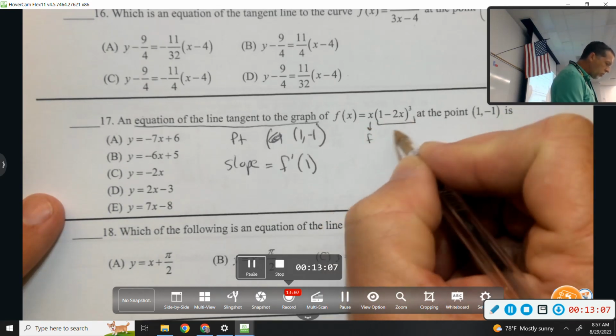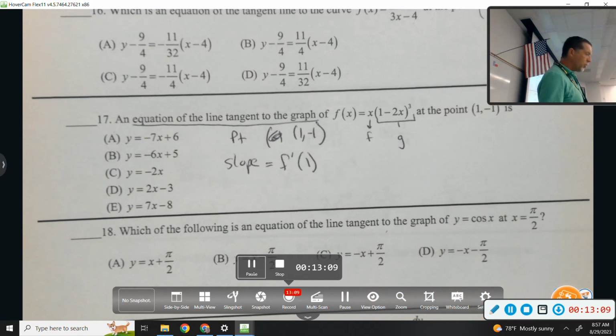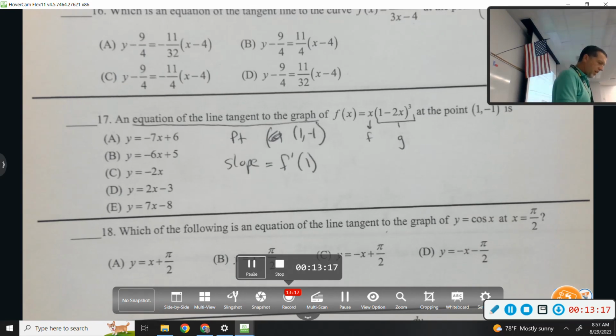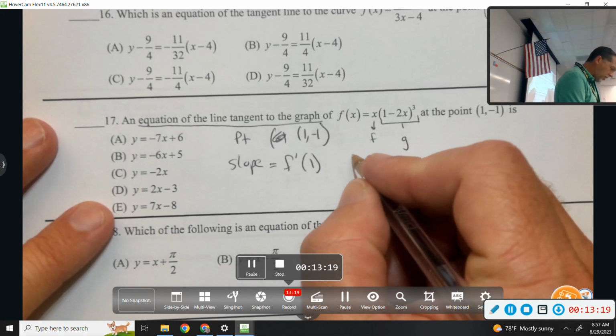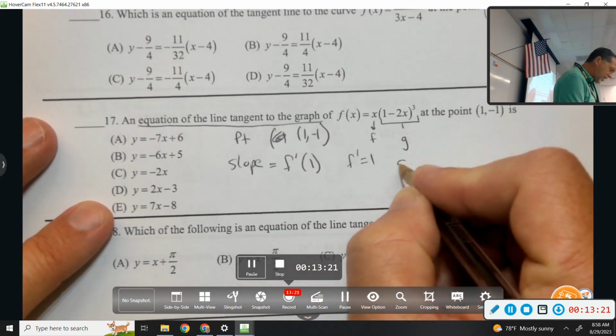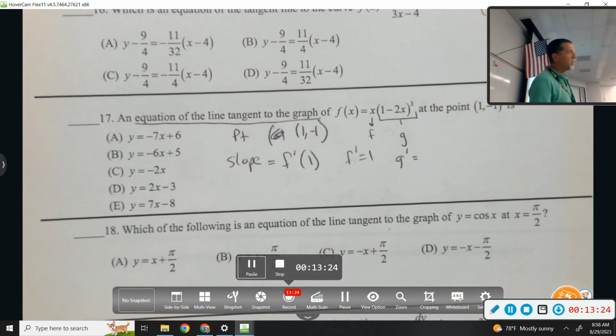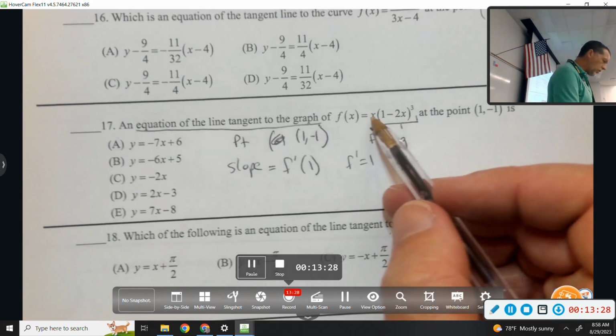Chain rule is part of the answer, but quotient rule is also, product rule is also part of the answer. I think I should probably write both of these down because this is more complicated than the super easy product rule question. So the derivative of f is 1.